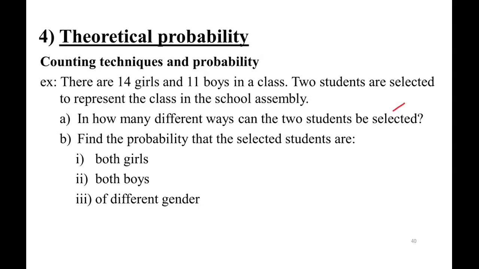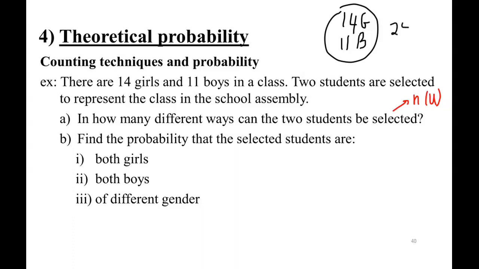So what we're looking for basically here is the total number of outcomes of the sample space. We're looking for n of U. So over here, we have 14 girls in the class and 11 boys. So in total, we have 25 students.